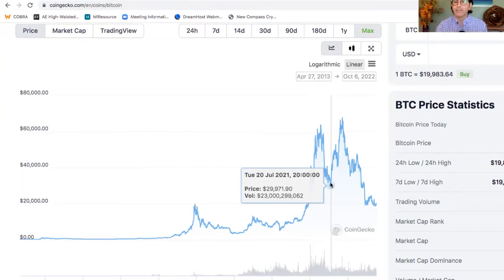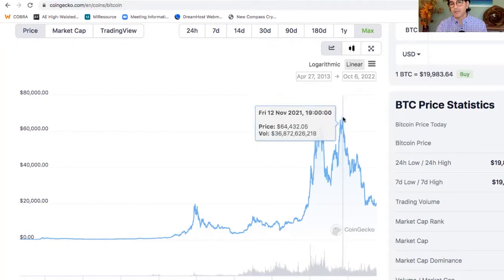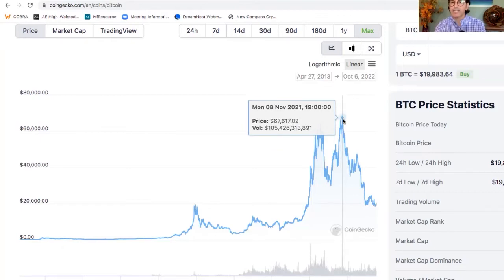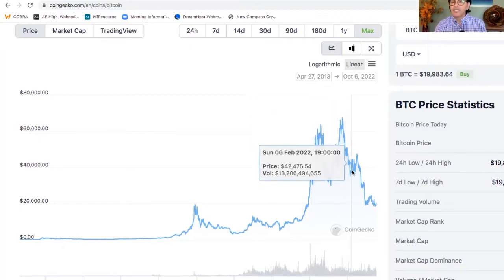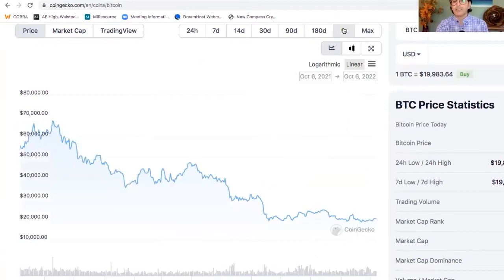How long did it take you to make that money back? Well, by November of 2021, just 7 months later, it was already back up to 69,000, up here at its all-time high, intraday high, 69,000. As you can see, over the last year, let's go back to the 1-year chart again, Bitcoin's price has fallen.